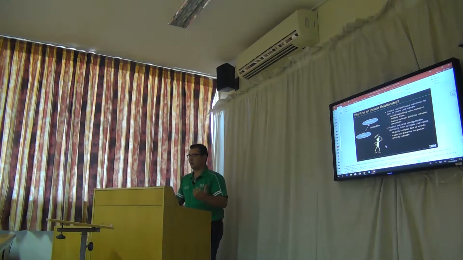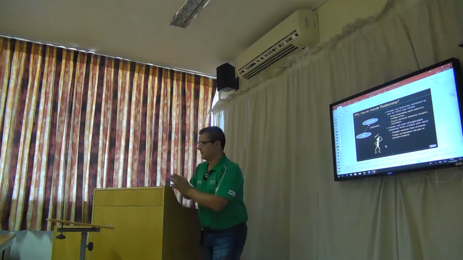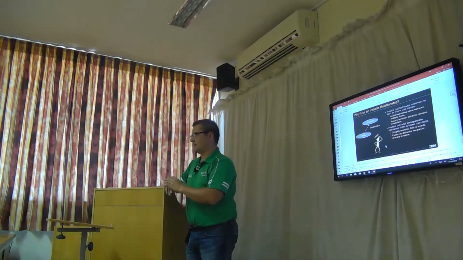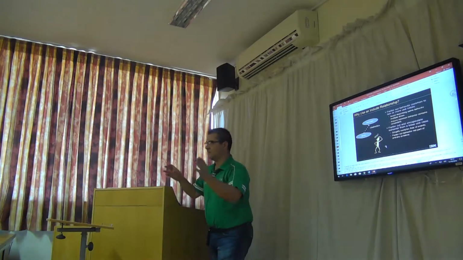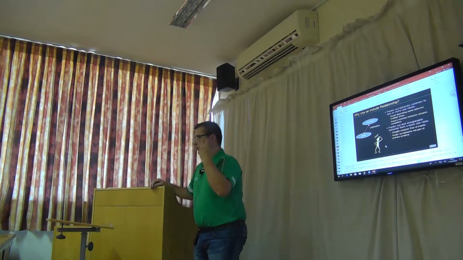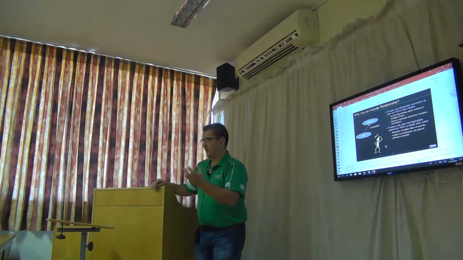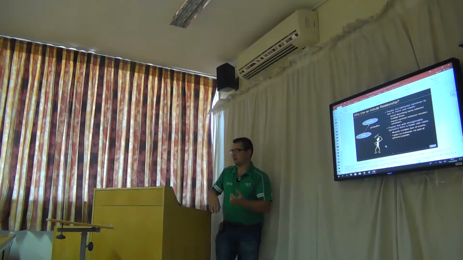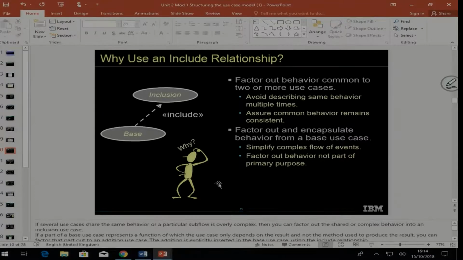Am I now going to write the print slip functionality 3 times if it is required 3 times? Am I going to employ people to do it over and over? Or are we going to do it once properly and then call that functionality from where it's required? Okay. So thereby it simplifies the complex flow of events, and we can factor out portions from it.